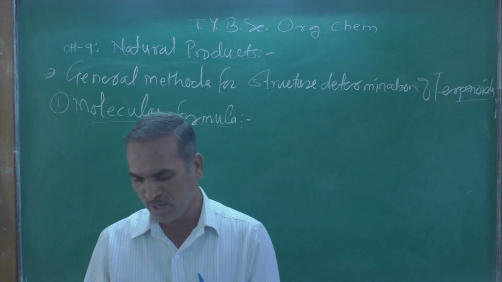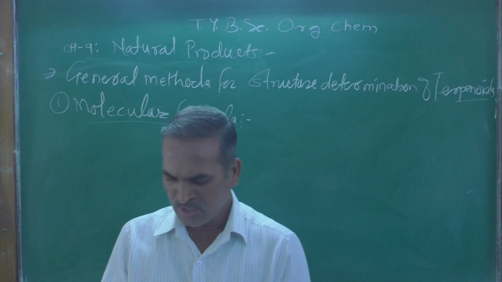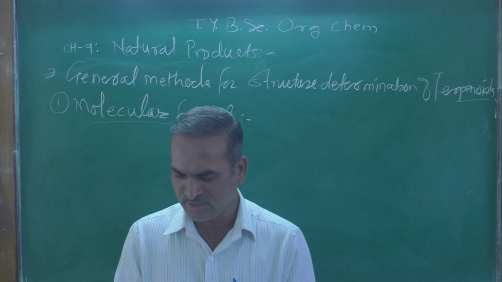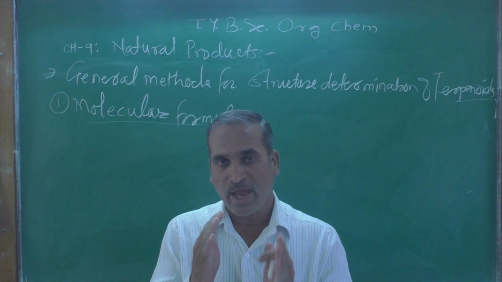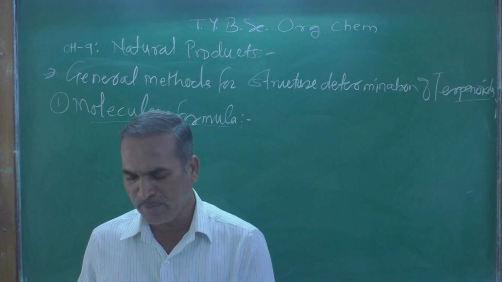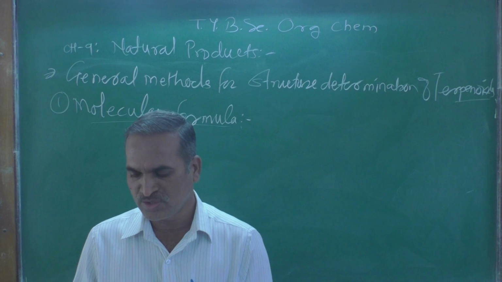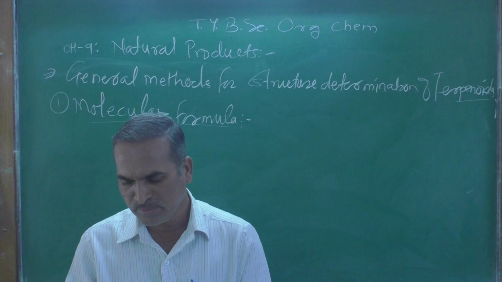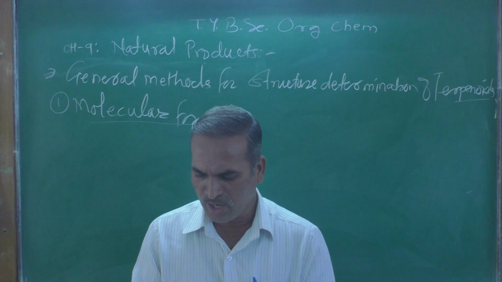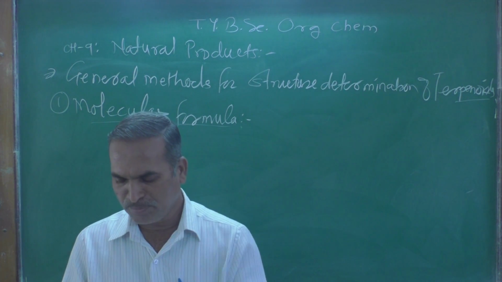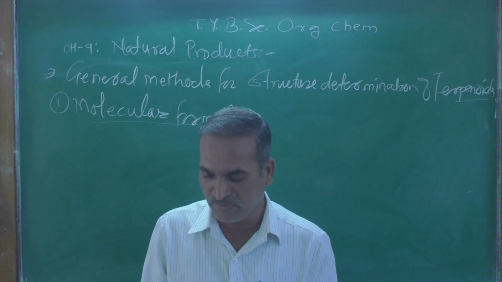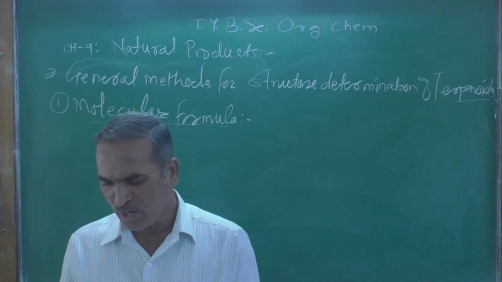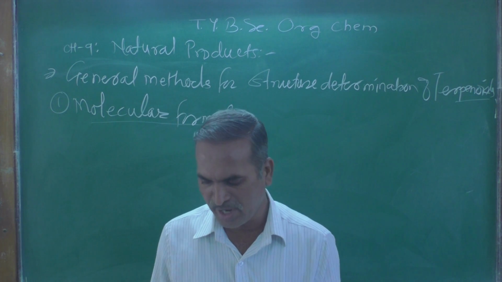So, molecular formula: a pure specimen obtained from a natural source is analyzed to determine and estimate the elements present, from which the empirical formula is determined, and from the empirical formula and molecular weight the molecular formula is determined.